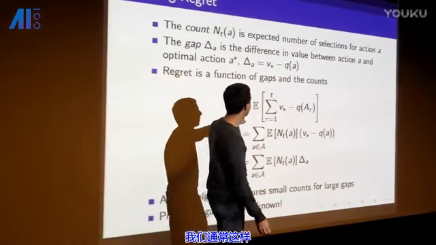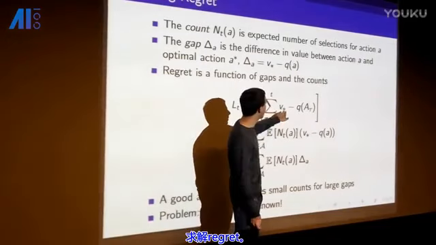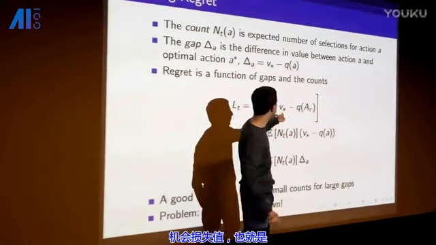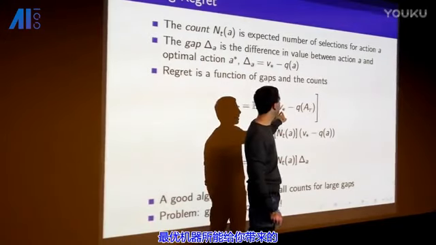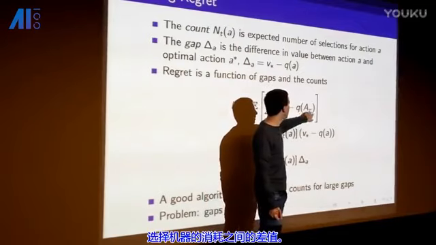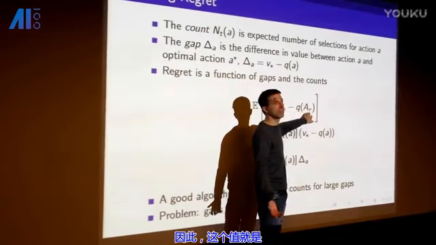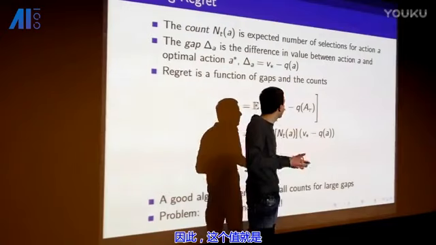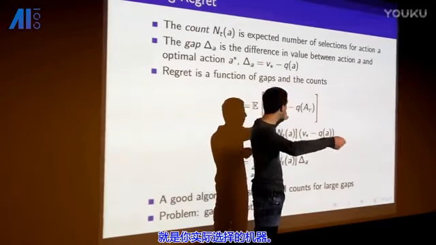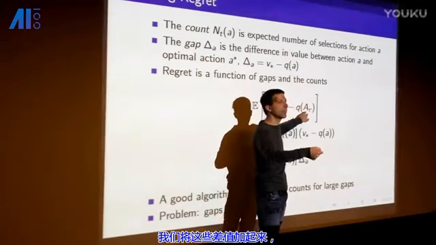So the regret, we basically saw that it was the sum of these differences. This is like your instantaneous opportunity loss, the difference between the optimal value, this is the best you could possibly have done, the payout for the best machine, and the payout for the machine you actually picked. So the amount that you lose at every step is the difference between the best you could have done at that step, the maximum that machine could have given you, and what you actually chose at that step.